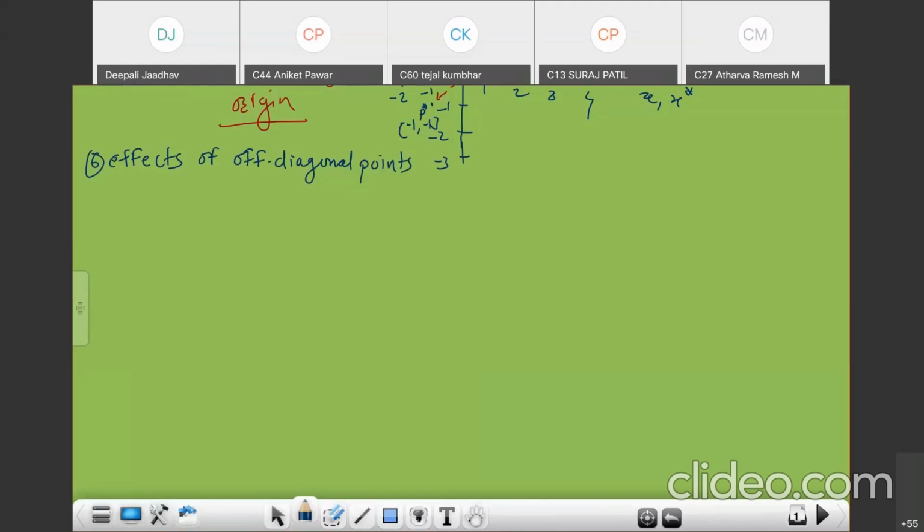So the first case that we are going to consider here is with A equal to D equal to 1. Now we are going to keep the diagonal points both as 1 and C equal to 0, which means we are going to see the effect of B only.